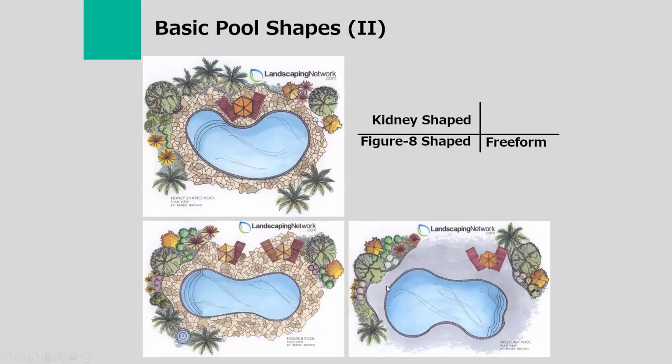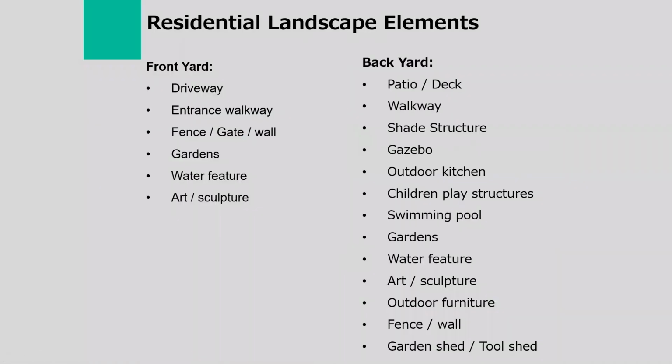As long as it could be built, that shape could be it. I've seen a swimming pool shape that is a piano shape. Okay, so these are the shapes of the swimming pools that you can give to the students.